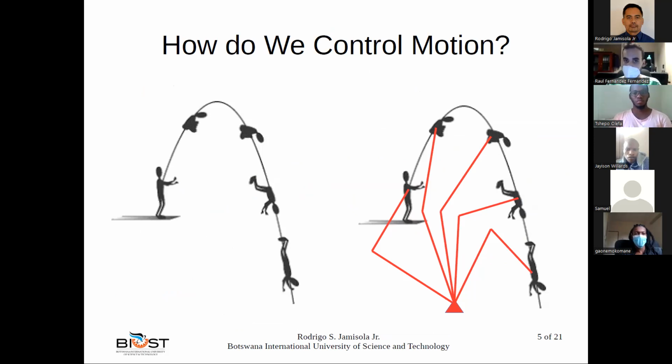The idea of how this movement is performed is that we define that movement using a reference point. So in this case, this person will be at some position and orientation with respect to this reference point.